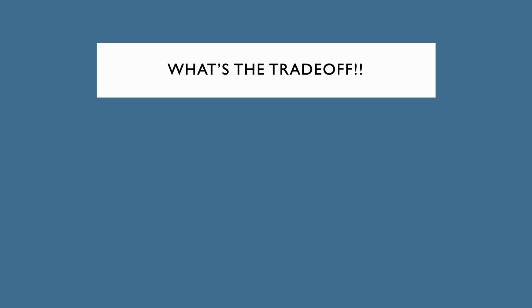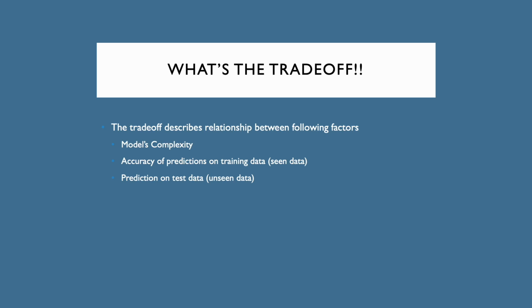And this is exactly what that trade-off is. The trade-off is between model complexity, accuracy on training data, and accuracy on test data. As you experiment with model complexity, both bias and variance errors are moving in opposite directions, and you have to find that sweet spot to stop the training.